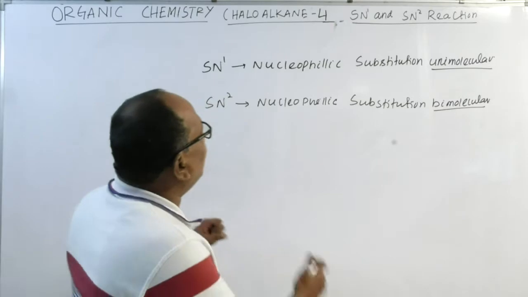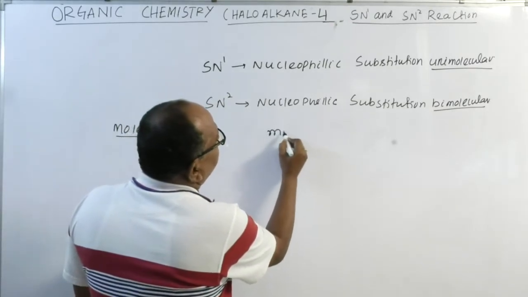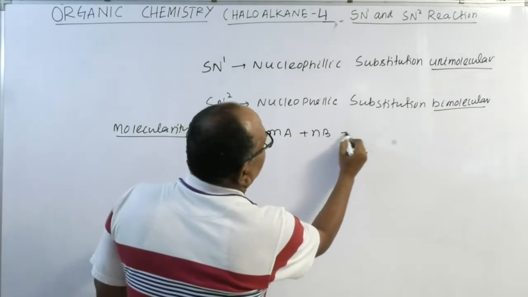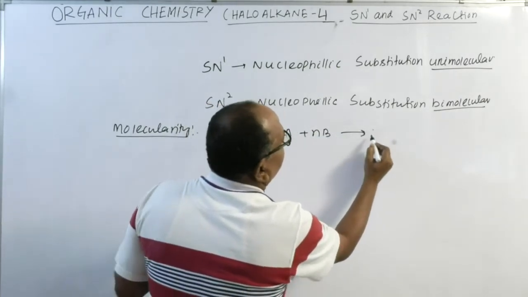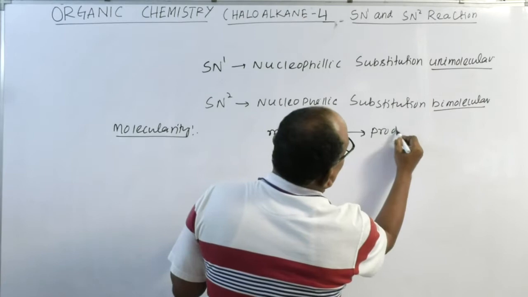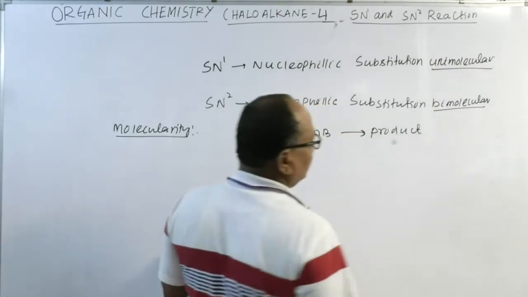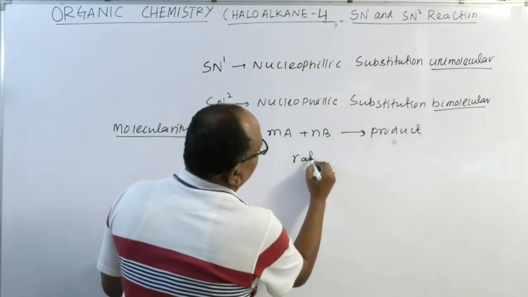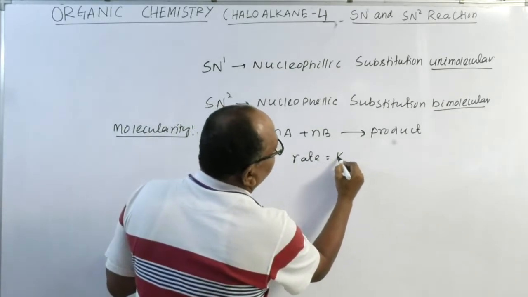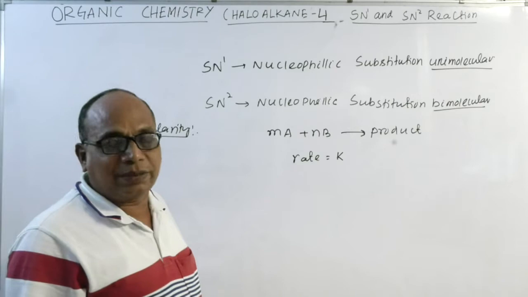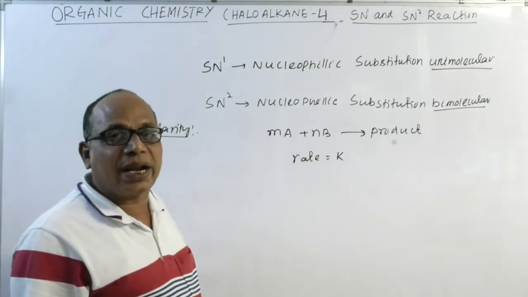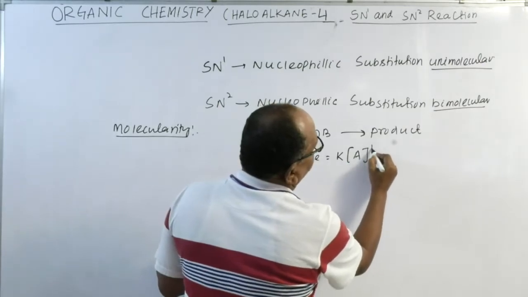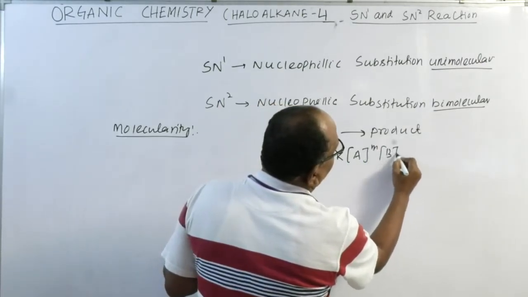Suppose m moles of A react with n moles of B to give the product. Then rate is equal to a constant, called the specific rate constant or simply rate constant, times molar concentration of A to the power m, B to the power n.